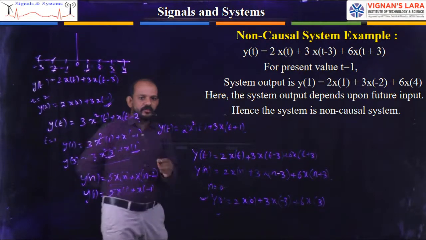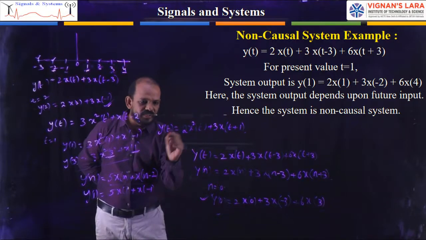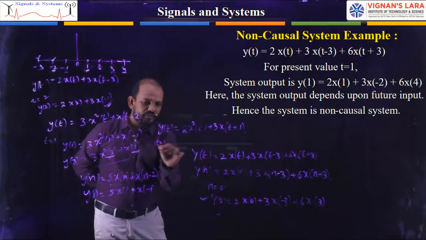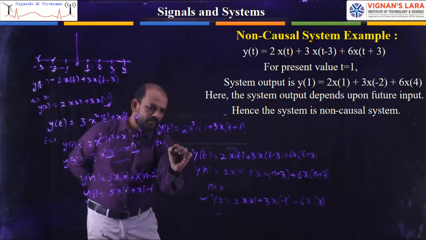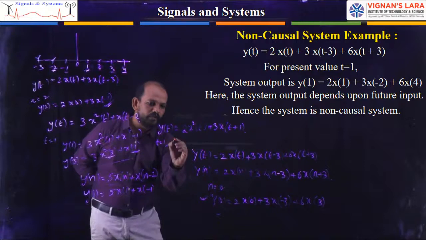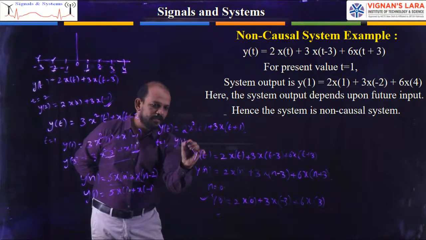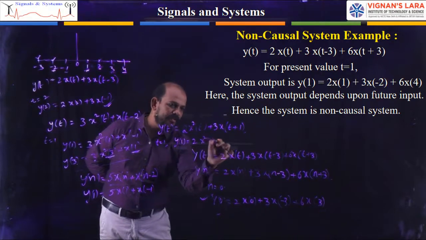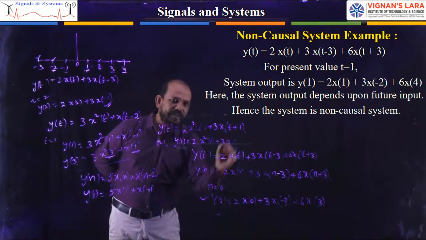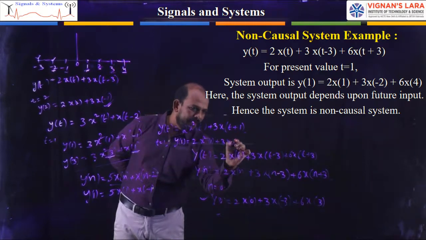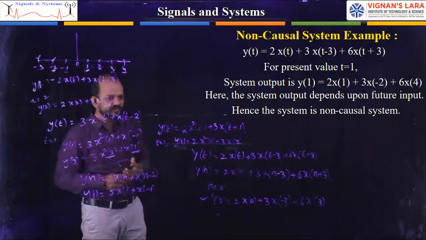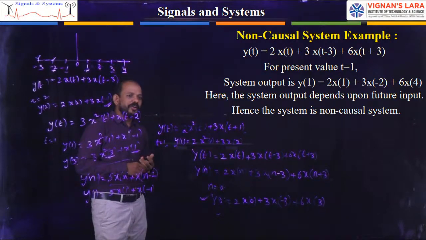So see, for this at t equal to 1, how can you write? y of 1 equal to 2 into x square of 1 plus 3 into x of 1 plus 1, that is 2. So at t equal to 1, the output of this one is y of 1 equal to 2 into x square of 1 plus 3 into x of 2.